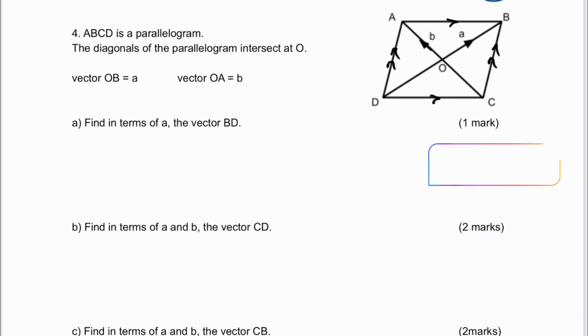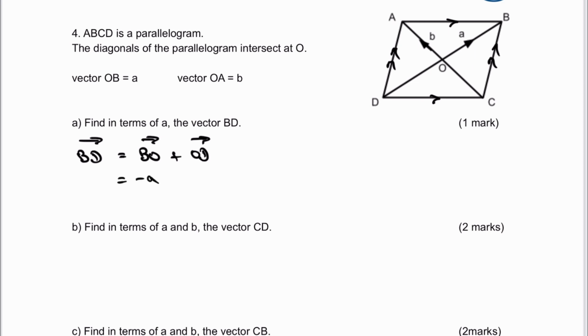All right, let's have a look then at vector BD in terms of A. So if I want to go from vector BD, what I'm going to do is I'm going to say, well, actually I'm going to go to vector BO, which I know, and also I'm therefore going to go from vector O to vector OD, and that will give me the journey, if you like, to BD. Well, BO is going to be minus A. Now the reason being is it's in the opposite direction, so therefore that works for me.